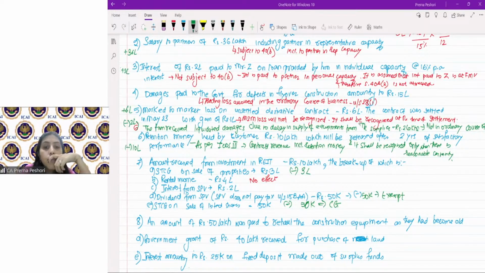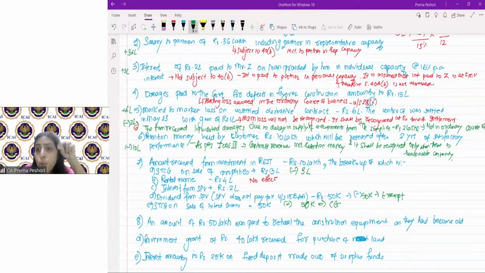Yes or no? Because Kaushiki, the provision under 115UA, which is there for the REIT, if you read it out, what does it say? Section 115UA is applicable to the tax on the income of the unit holder deriving income from the business trust.